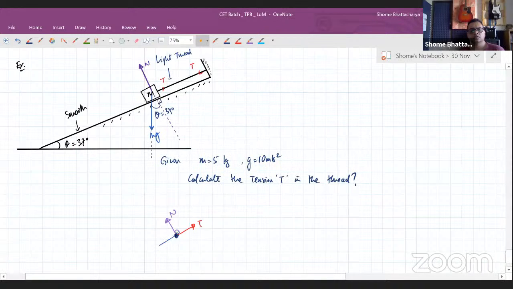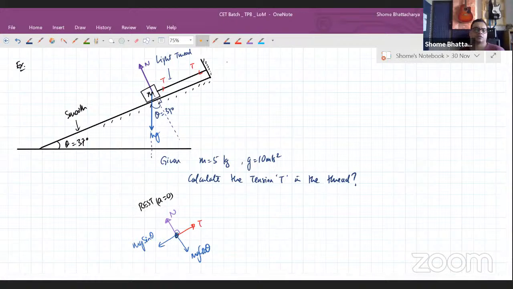So there is the component of mg down the inclined plane, which will be mg sine theta, and there's a component of mg normal to the inclined plane, which will be mg cos theta, and the block is supposed to be at rest. The acceleration is zero. So again we are breaking mg into components like that.